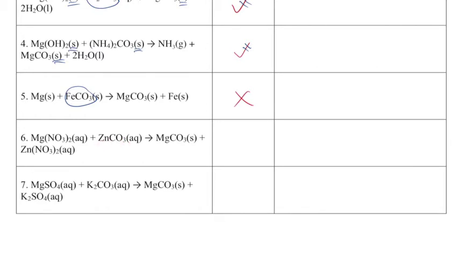We expect them to exchange their ions. At the beginning, nitrate is combined with magnesium. After the exchange, the nitrate gets the zinc ion, and on the other side, the carbonate gets the magnesium ion. So it will form magnesium carbonate and zinc nitrate. That's the predicted product if there is a reaction between these two.